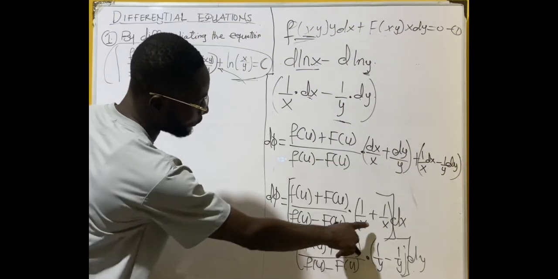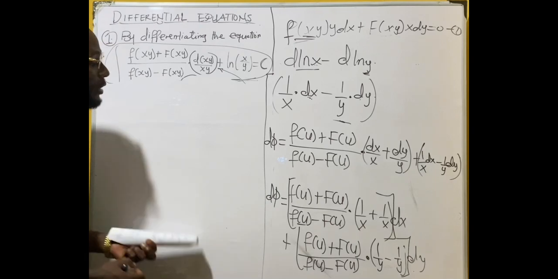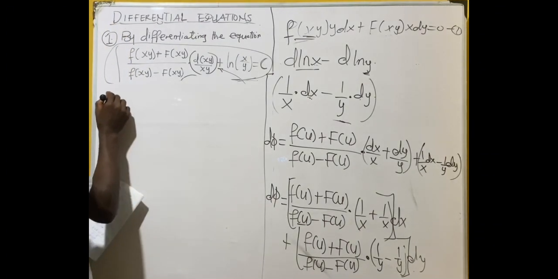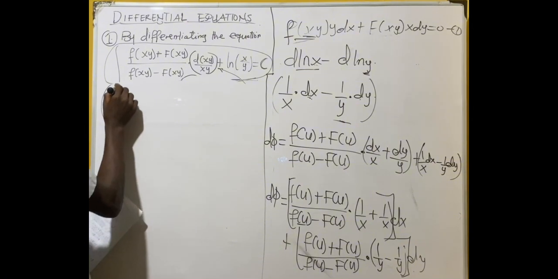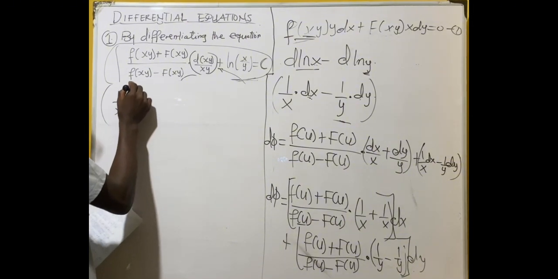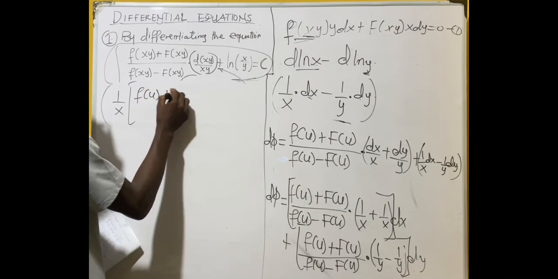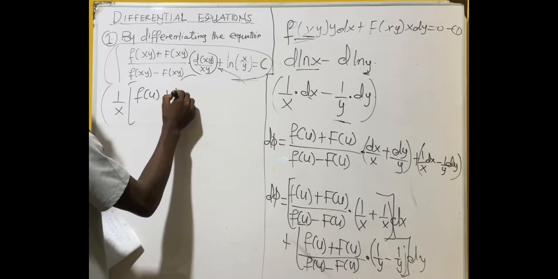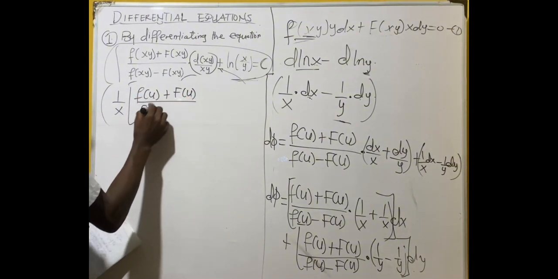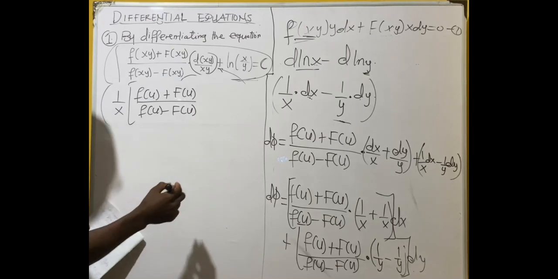Okay, so now factorizing the dx and the dy out, we're going to have big brackets into 1 over x multiplied by small f of u plus big F of u all over small f of u minus big F of u, right?